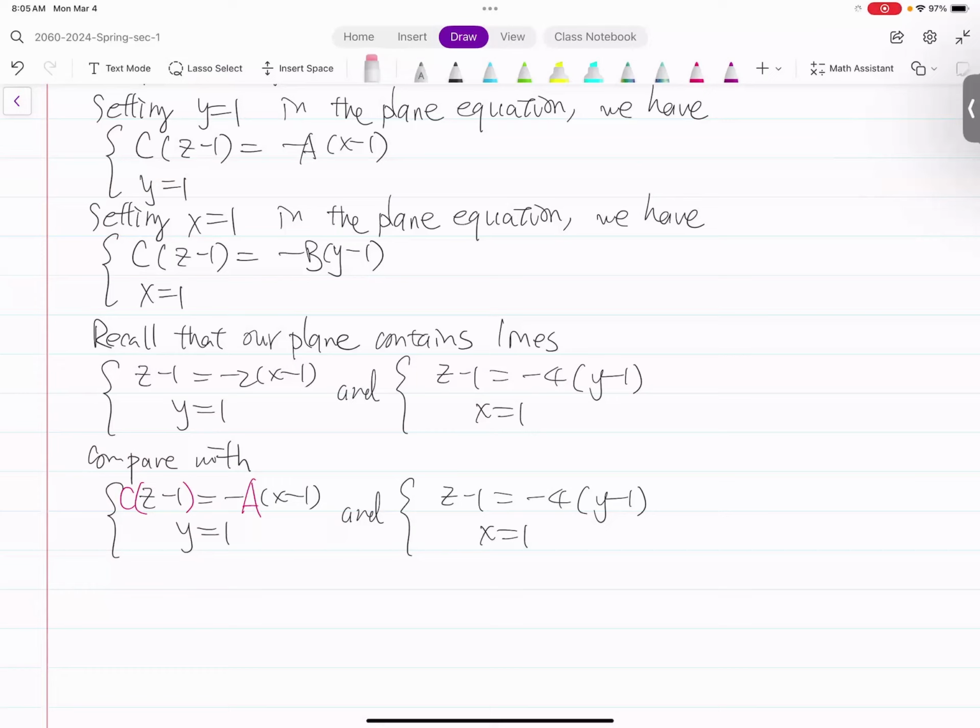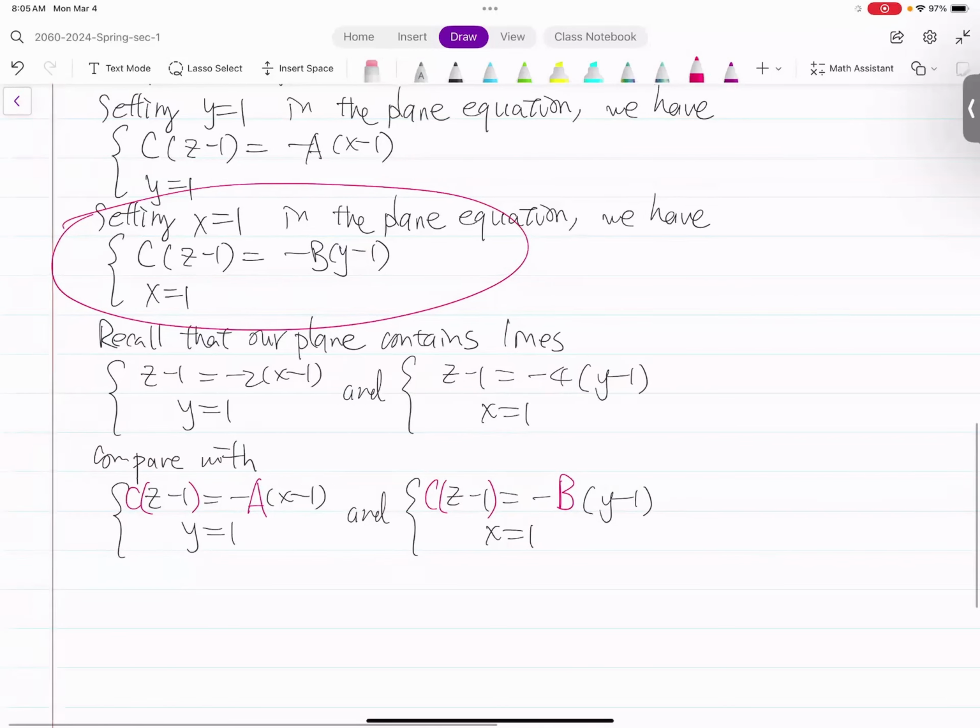And just compare with the second system equation right here, that we have c(z minus 1) equals negative b(y minus 1), right? So you can speculate that we can just choose c to be 1 and a to be 2, b equals 4, right?